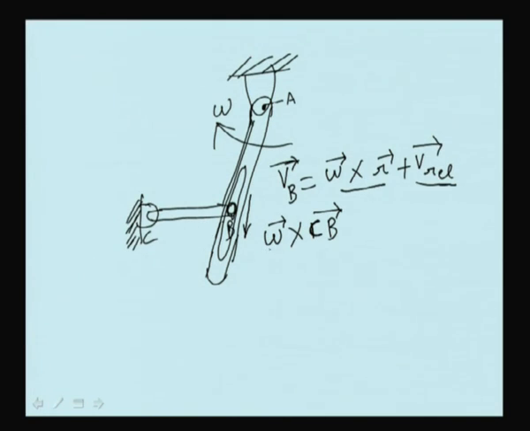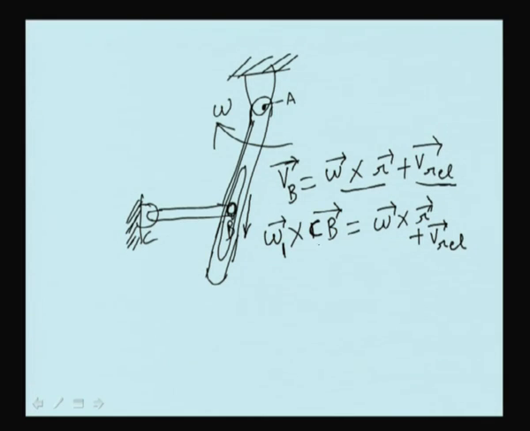However, you do not know omega, which I will indicate by omega 1, the magnitude of omega 1. Then you can equate this with the expression omega cross R plus VL.